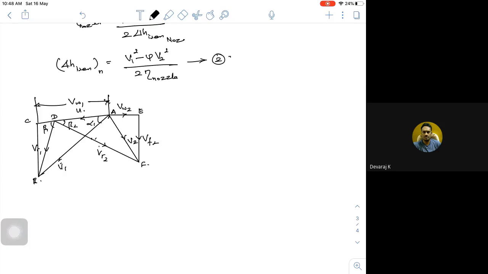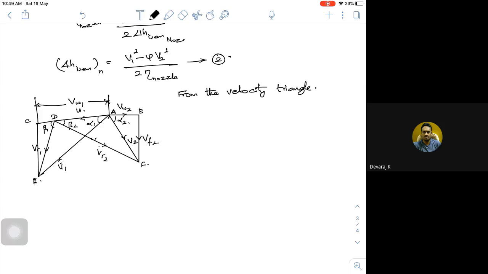From the velocity triangle, applying the cosine rule, I can write, say this is my alpha 2. What is my cos beta 2?